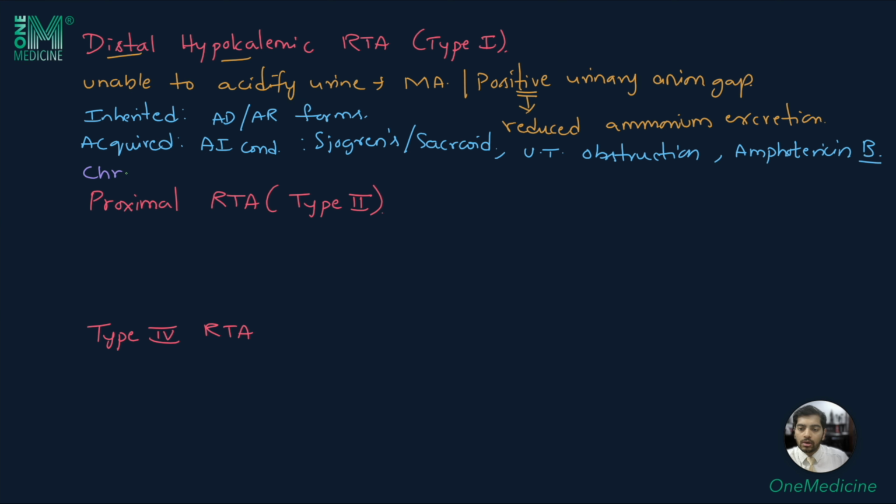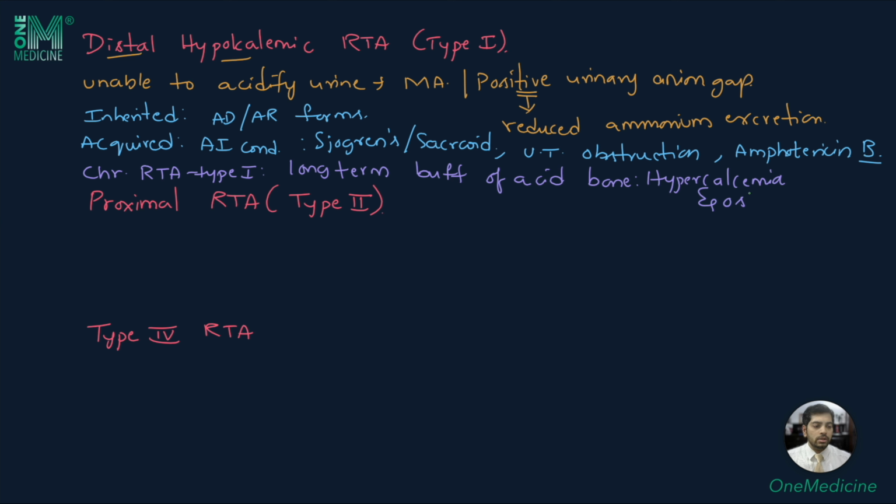In patients with chronic renal tubular acidosis of type 1, due to long-term buffering of acid by the bone, patients can have hypercalcemia and osteomalacia.